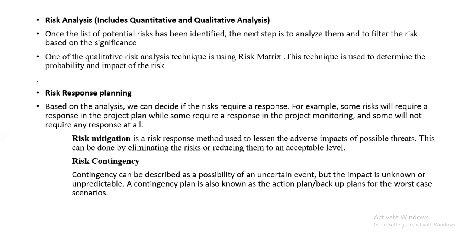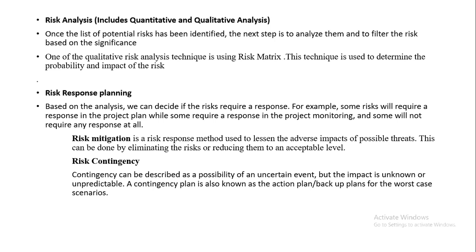What I am telling is that initially we identify some risks, analyze them, and do some action and planning. But in contingency, some of the risks will be such that you can't even predict the impact, or it is very unknown where it is going to impact. In such cases, we need to come up with a backup plan or action plan for worst case scenarios.